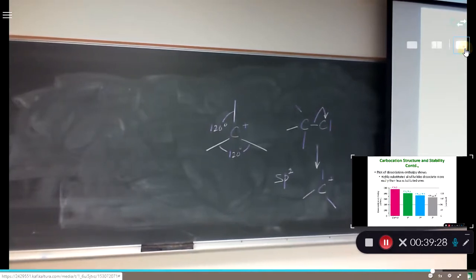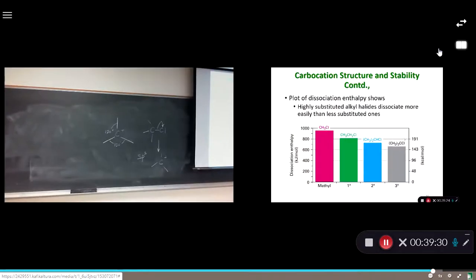That means it is okay with chloride leaving the carbon, because the carbocation you get after the removal of chloride is more stable. If you have no R groups, like CH3Cl, then the carbocation that you form after the removal of chlorine will be highly unstable. So the dissociation energy is very high.